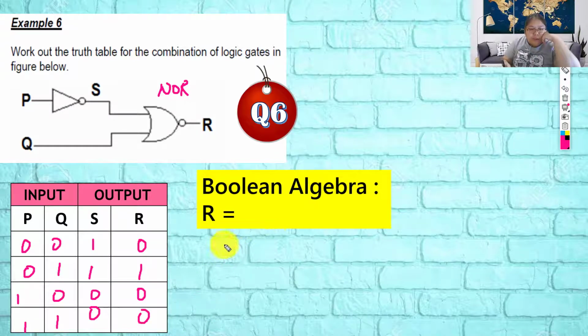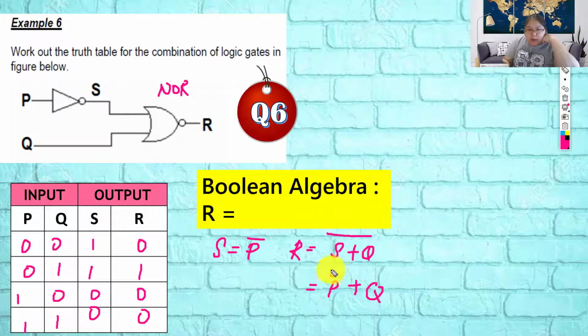How to write the Boolean? We just write the S. S is from the P bar. How about the R? R is from the S plus Q, then you put a bar. So now I need to join. P, put a bar, then plus the Q, and also overall we have a bar at the top.